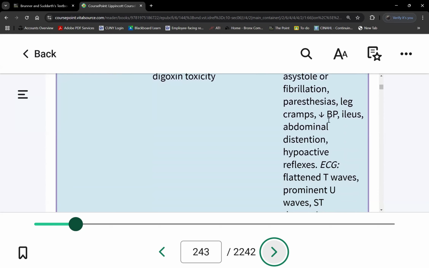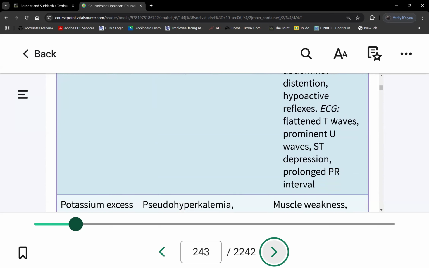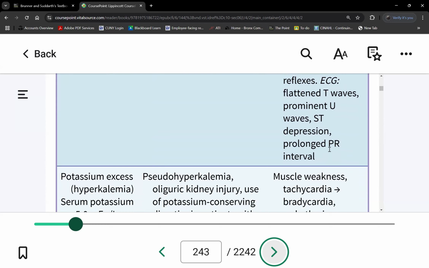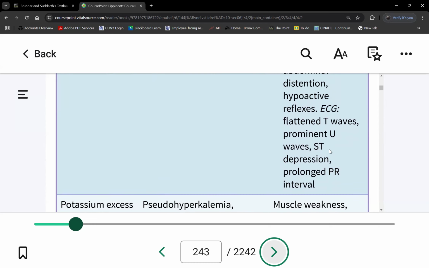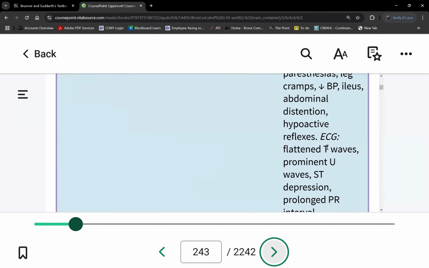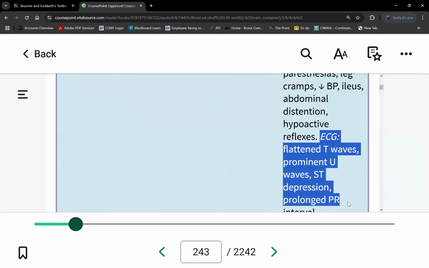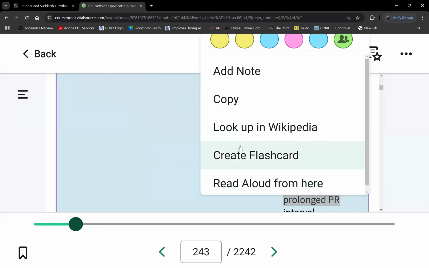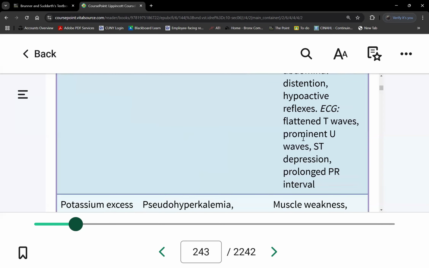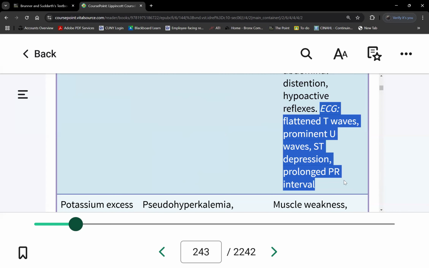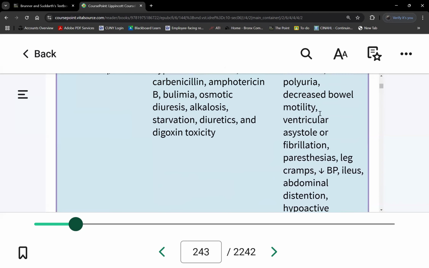You have paresthesias, low BP because the heart weakens at the same time. There is ST depression. Okay. And then prolonged PR interval. Okay, so these are the manifestations. To be fair, for exam one, I will not test you on the ECG changes. I will test these on exam three and the final. Because we haven't done the ECG yet, which is module 8, that's for exam 3. Okay. So we'll skip these for now, but all the other manifestations are in play.